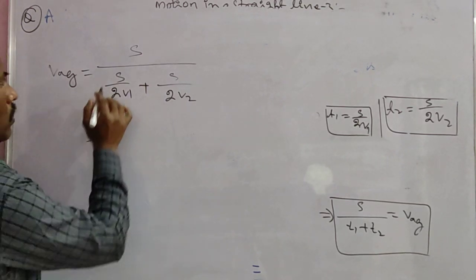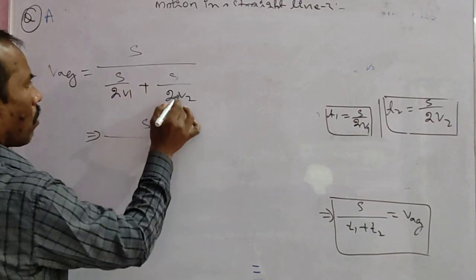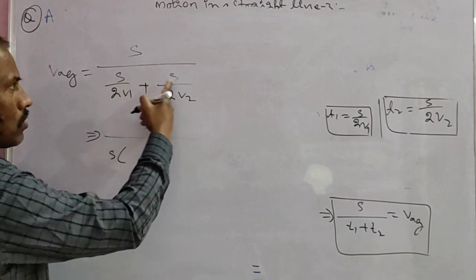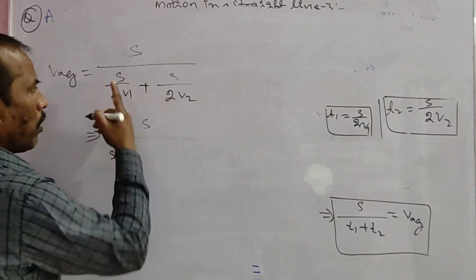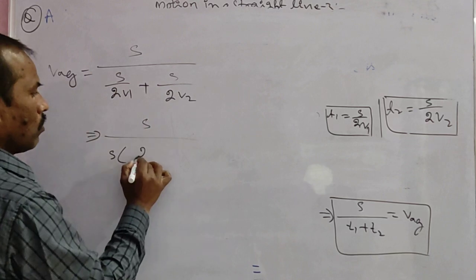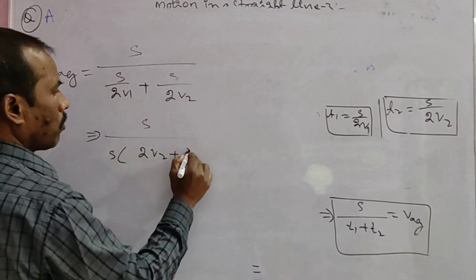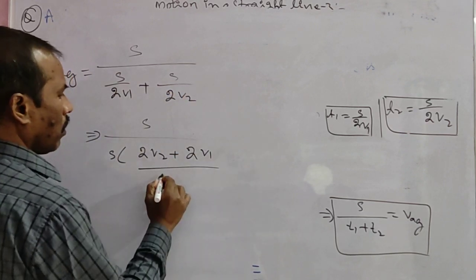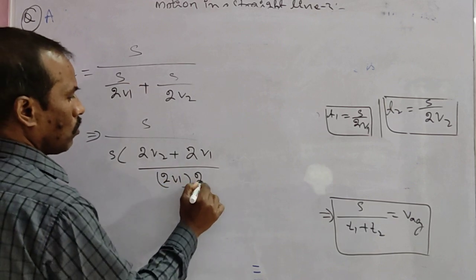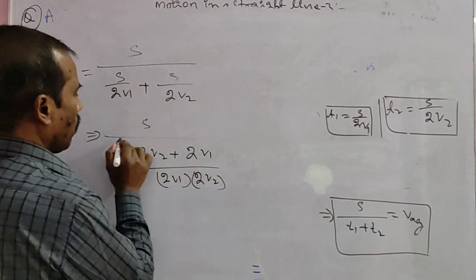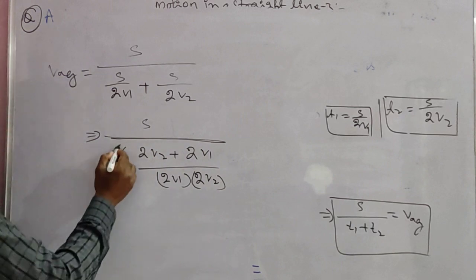After this we get total distance by cross multiplication. s is a common term here, so remaining is the cross multiplication: 2v2 plus 2v1, over 2v1 into 2v2. Now the s terms get cancelled.